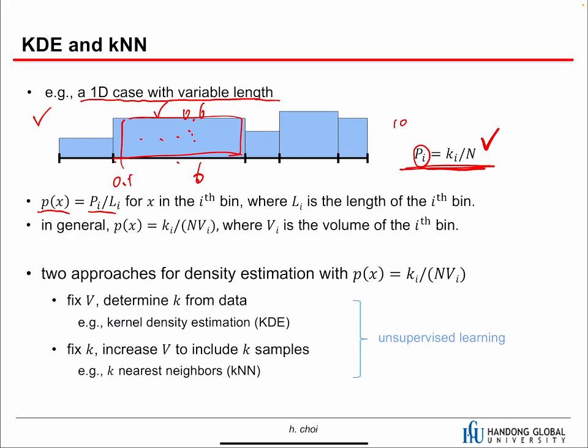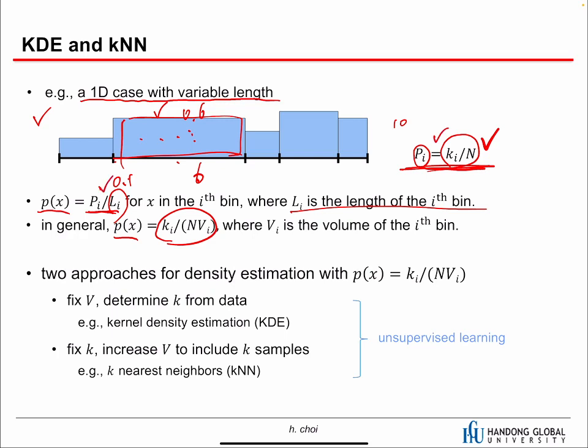So p of x is p sub i divided by L sub i, where L sub i is the length of the ith bin. In general, instead of L sub i, we can use V sub i for the volume. Then p of x is k sub i divided by n times V sub i. We just combine this one and this one.